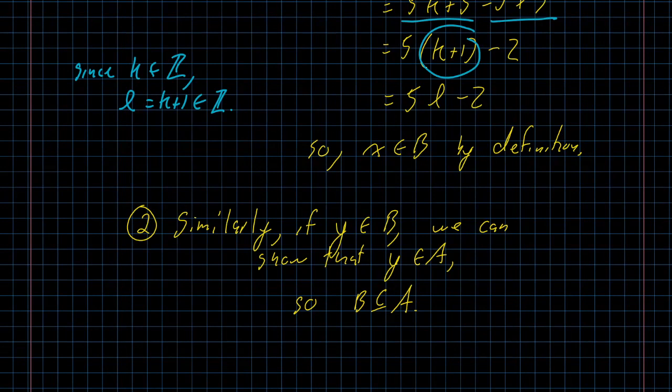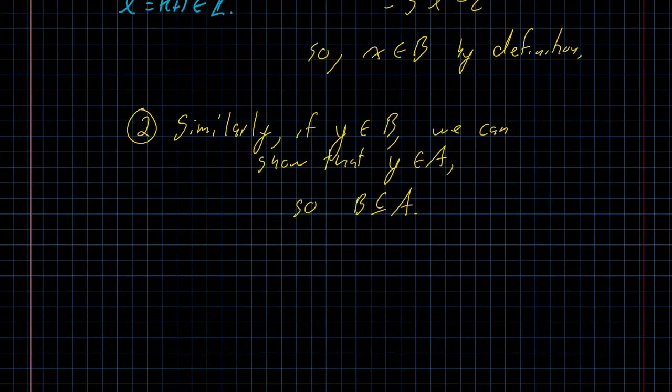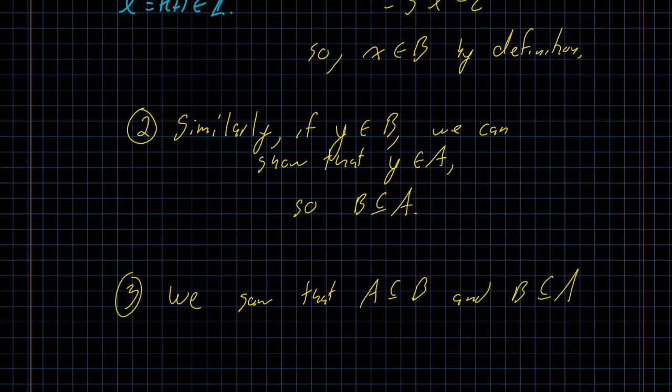But we can go through an incredibly similar argument. We can choose some new element y, set it as an element of set B. We can show that that element y is also in set A, and we can conclude that B is also a subset of A. Part 3 of the proof.